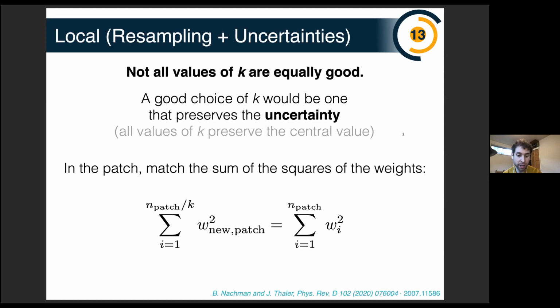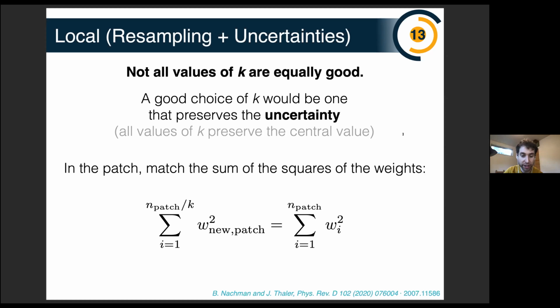So if we have this new weight that I talked about before, which is K times the average weight in the patch, then the sum of the squares of the weights in this patch on the left should be equal to the sum of the squares of the weights before doing any reweighting.